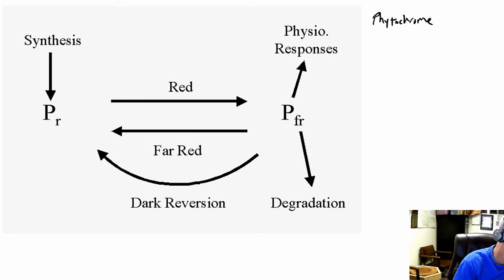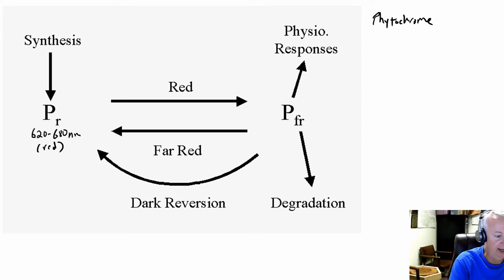So there's a red phytochrome form that absorbs light in the wavelengths of 620 to 680 nanometers. So that's red light.